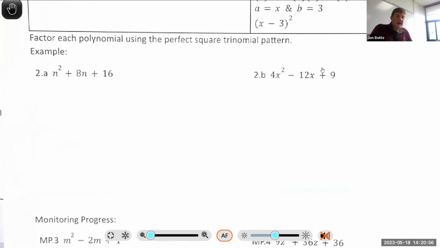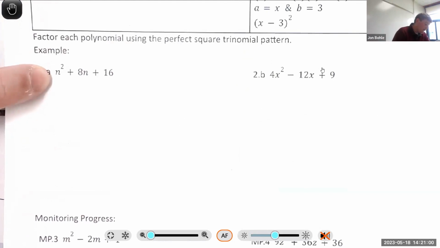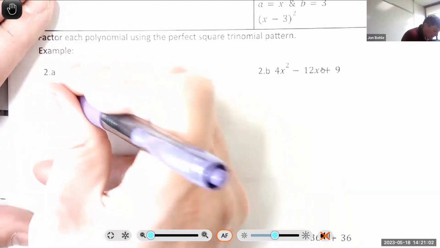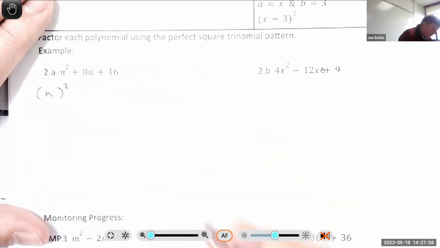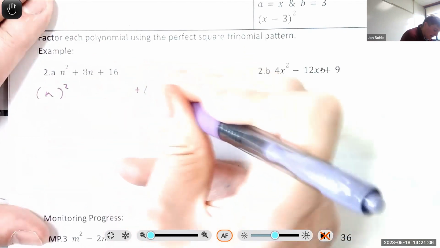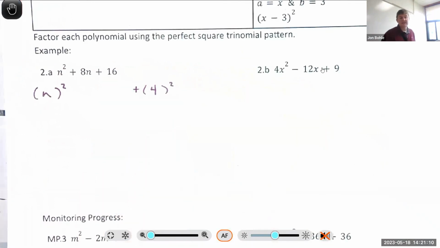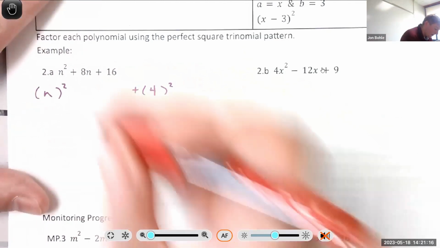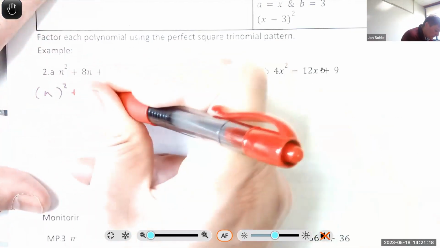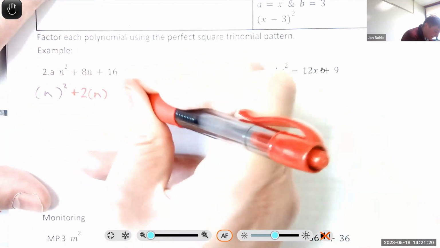For 2a, as I look at this, I'm identifying my a value as a perfect square. What do I multiply by itself to get n squared? That's n. I'm going to jump all the way to the end and say that 4 to the second power is 16, so my b value is 4. Now I just have to check the middle, and I'm going to write this in a different color because I'm checking it. 2 times n times 4.